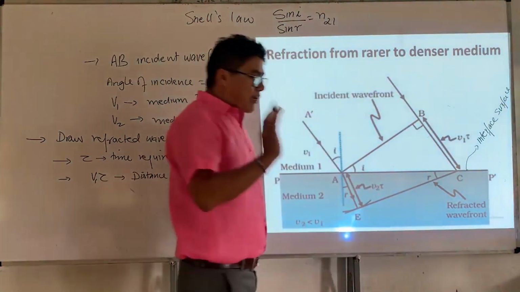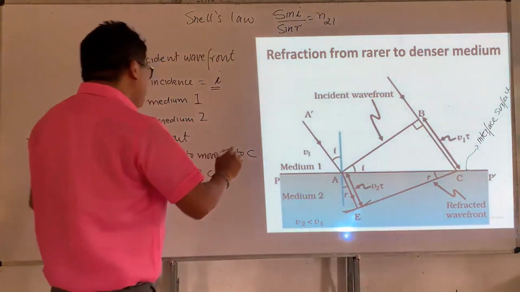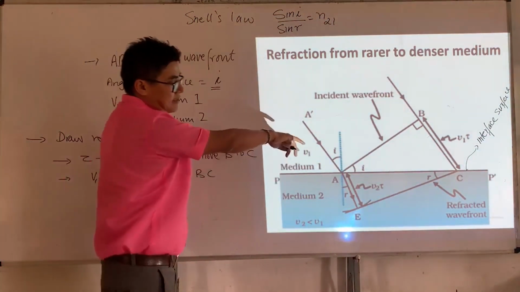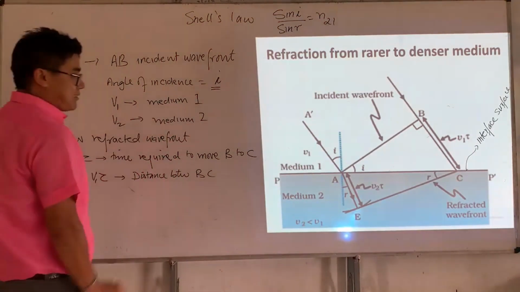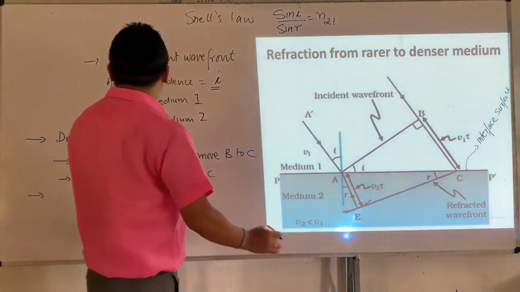All right. Now look at here. Since the light enters into a second medium, V2 is the velocity in the second medium, and V2 is less than V1.